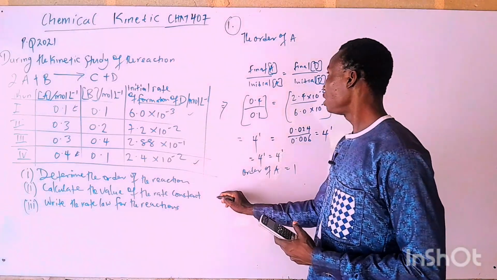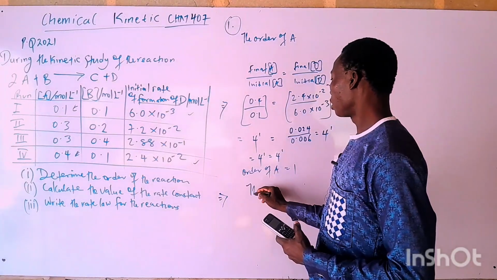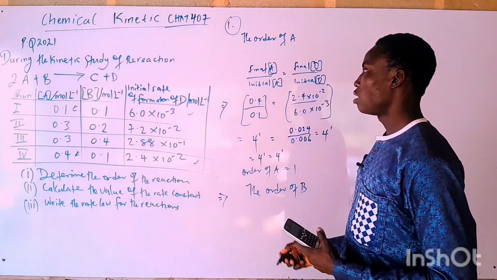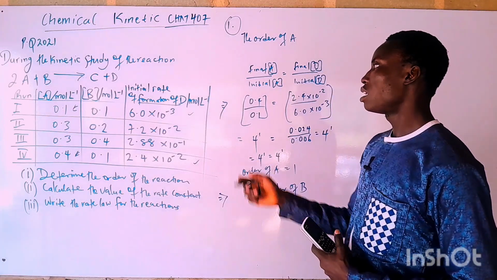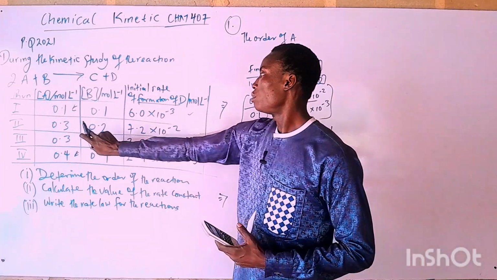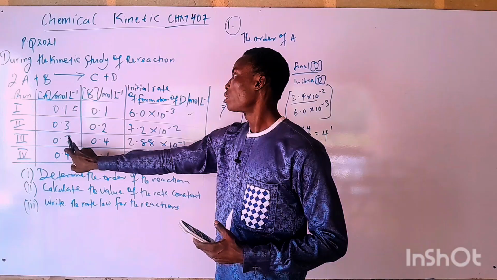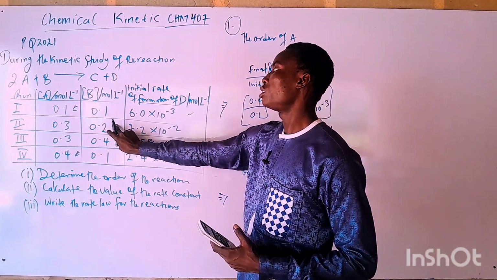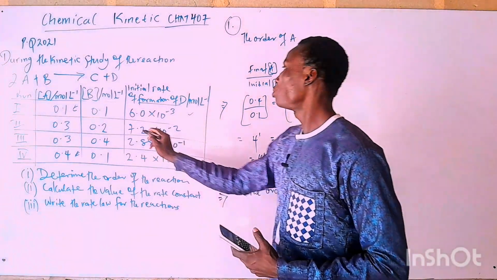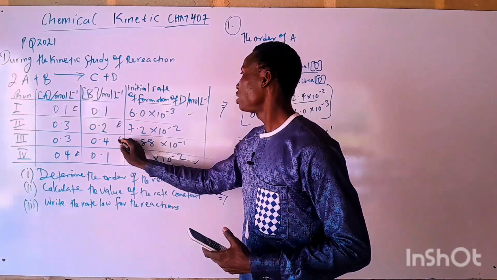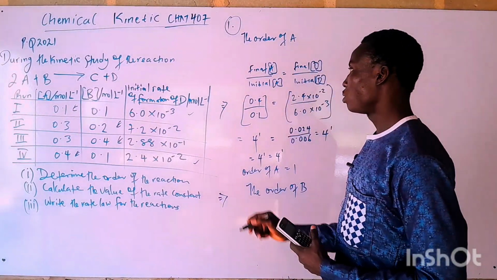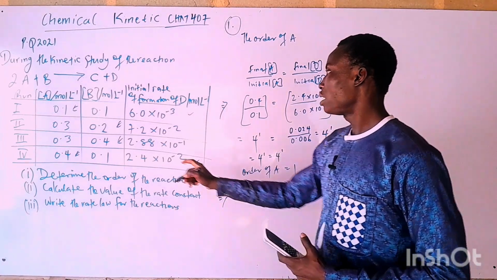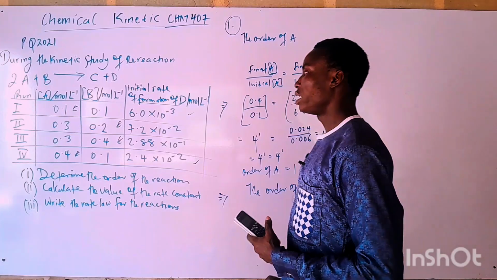Okay, so for B, the order of B, now what are we going to do there? Check it out in this place. Here, we are given this one to be 0.3. So when this one is kept constant, what happens to the value of this one here? We are using this and we are using this in this place. So let this be your final, let this be your initial.